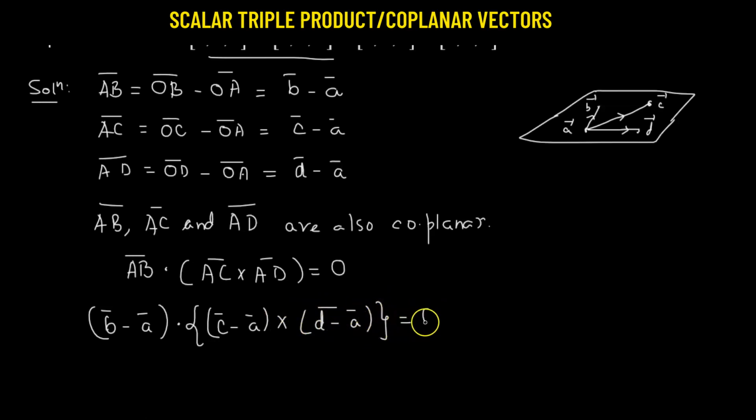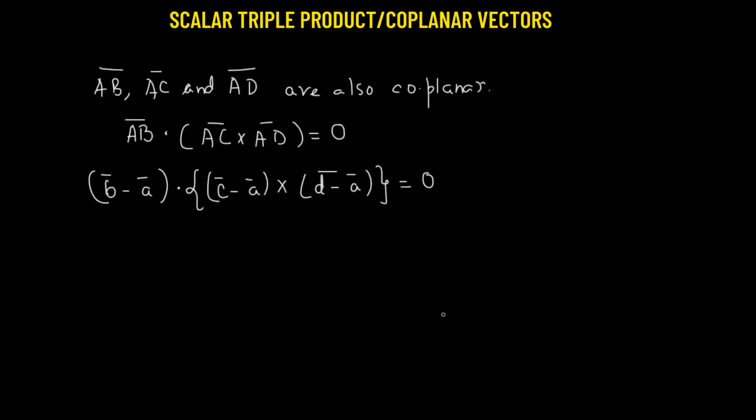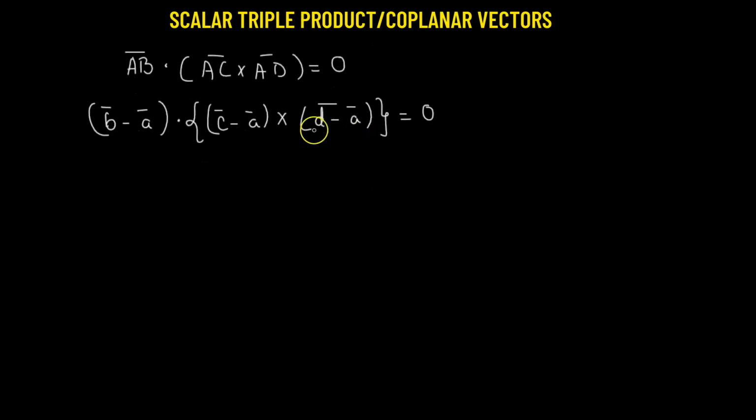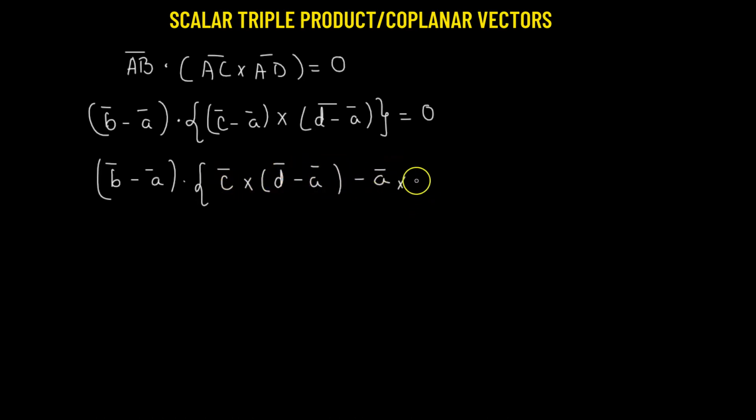So this equals 0. Now we will distribute C minus A with D minus A. We have B minus A vector dotted with C vector crossed with D minus A vector, minus A vector crossed with D minus A vector, and this equals 0.